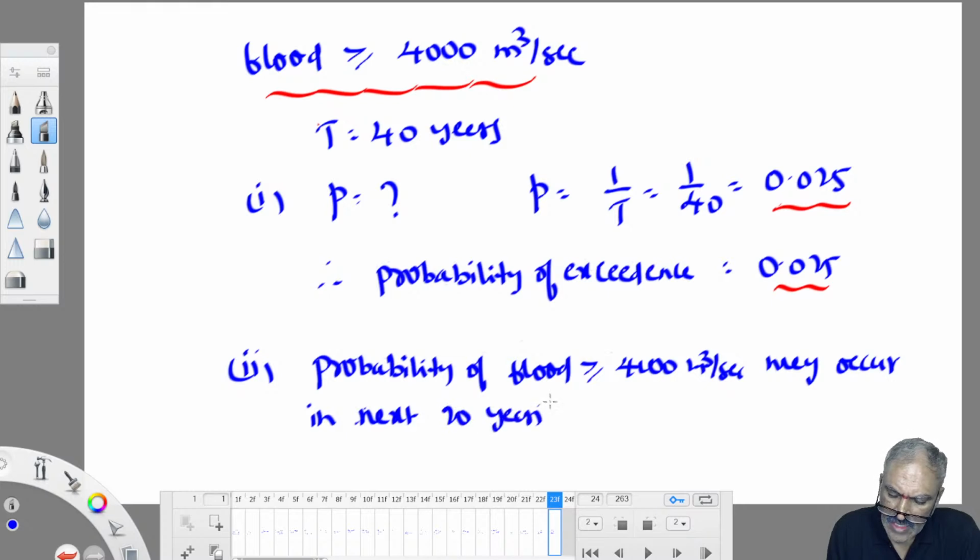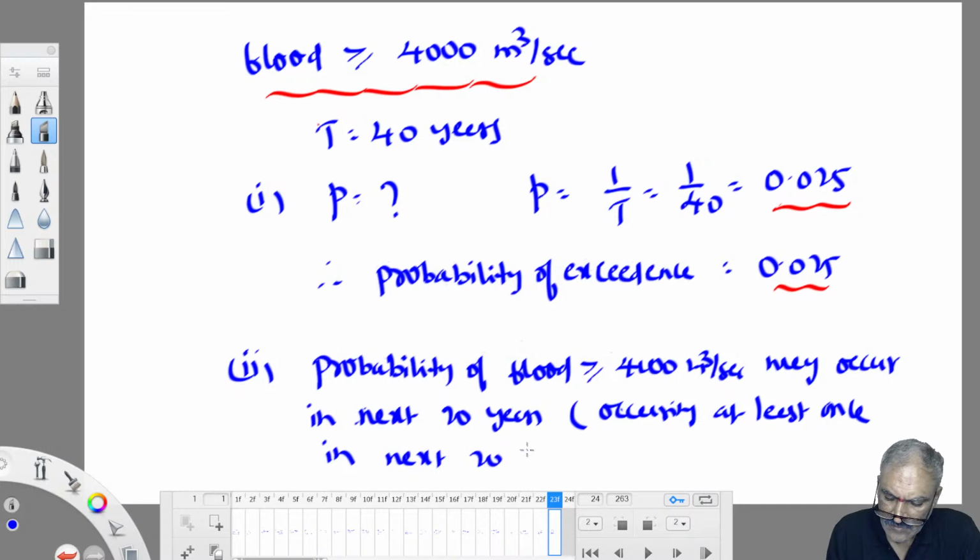Occurring at least once in next 20 years. Nothing but risk. So indirectly asking risk.